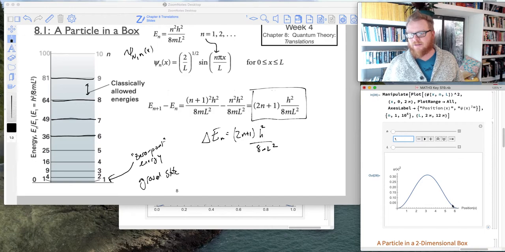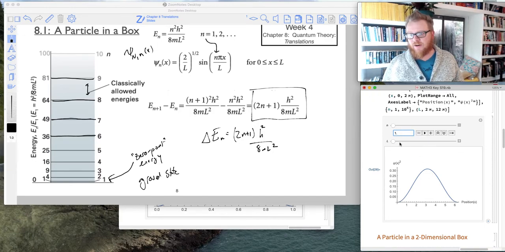And now on my manipulate here, this L, I can make this L bigger. And I've fixed the scale on this thing, so you just have to watch this carefully. But now, as I'm making the box bigger, look what's happening. The wavelength is getting bigger, okay? So as the size of our box gets bigger, the wavelength gets bigger.